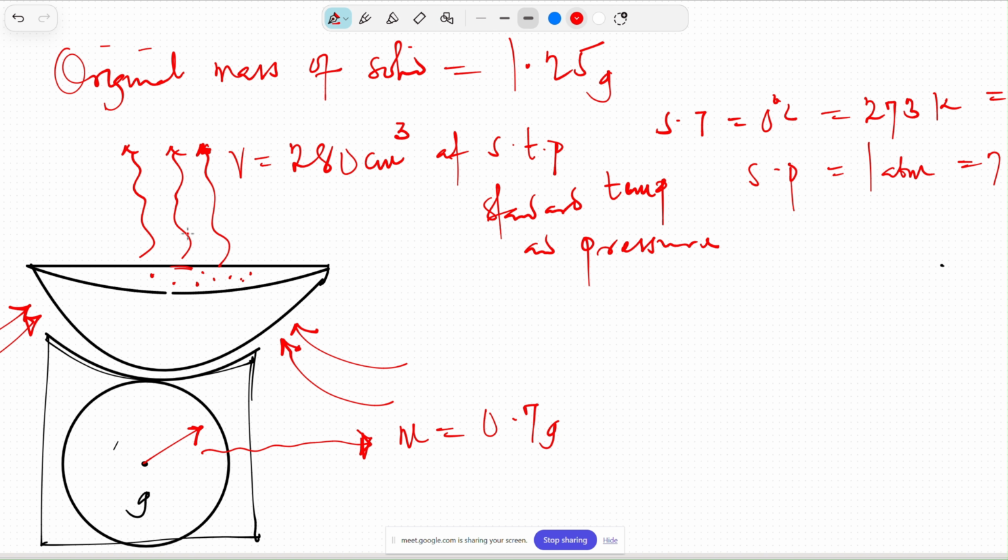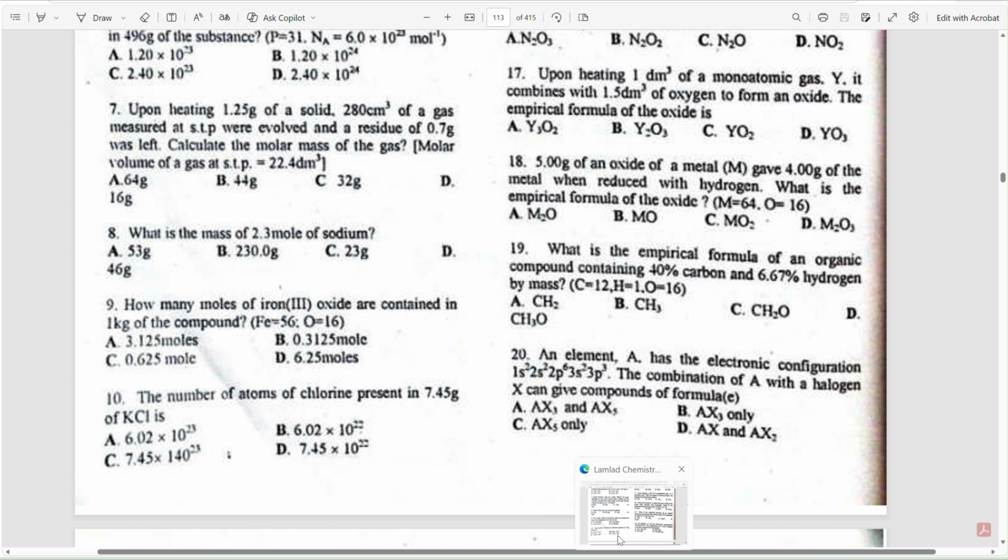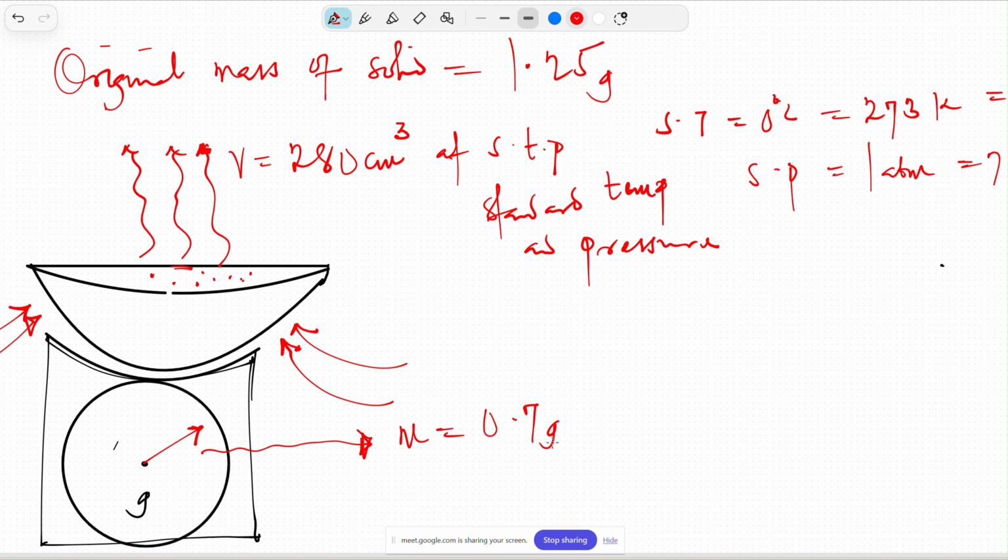When you heat it up, it gives off a gas, and the volume of the gas is measured to be 280 centimeter cube at standard temperature and pressure, and it is now leaving a residue of 0.7 grams. Which implies that most likely part of this solid has been given off in the form of a volume, right?